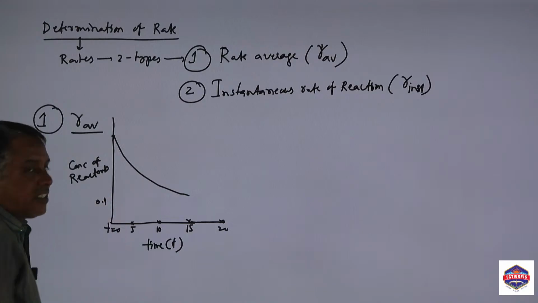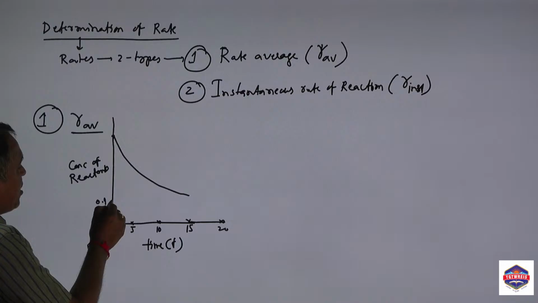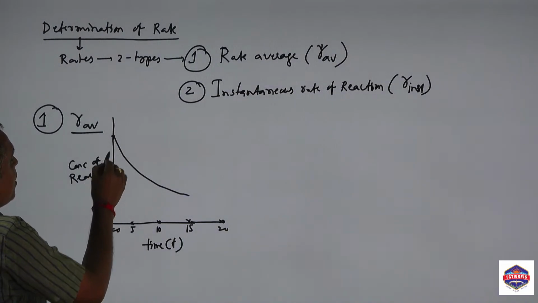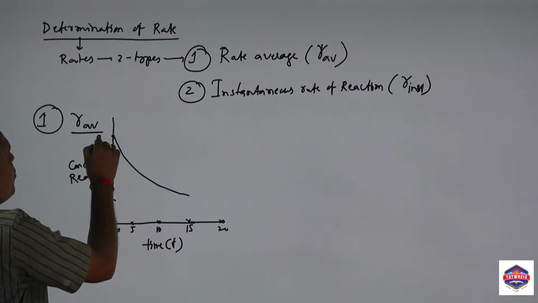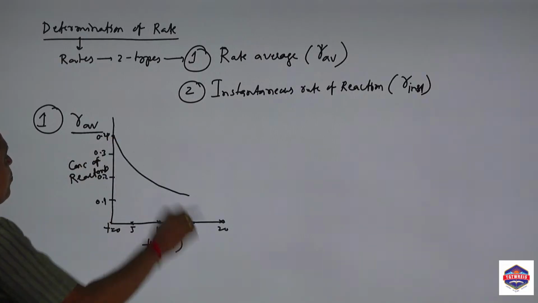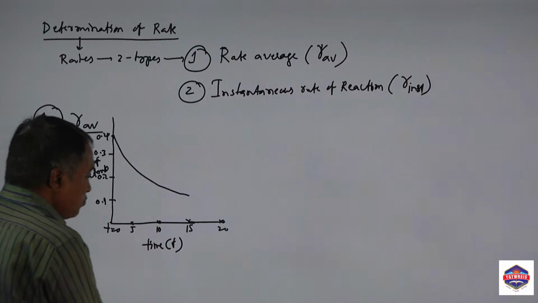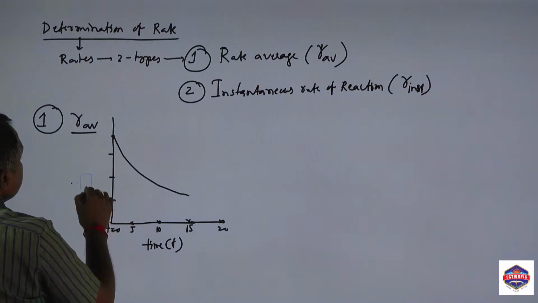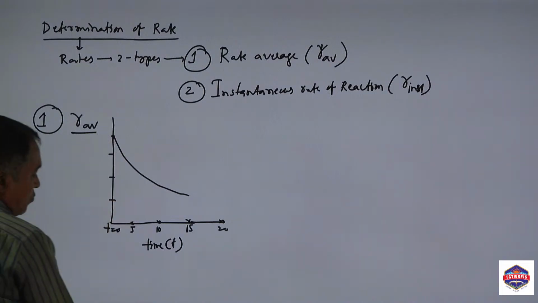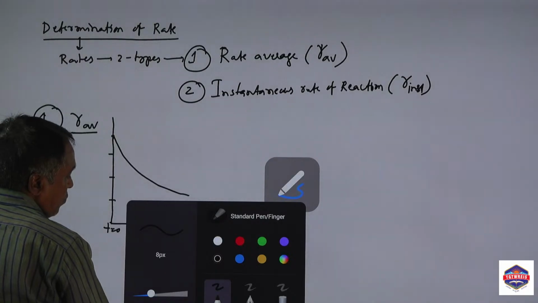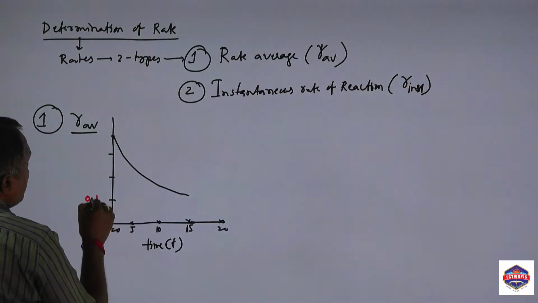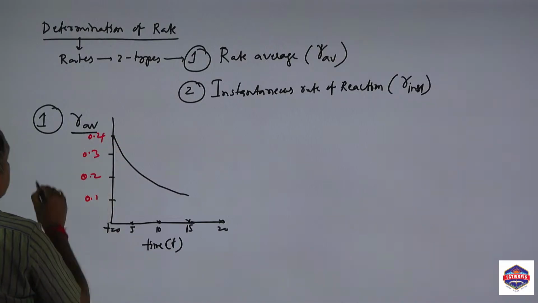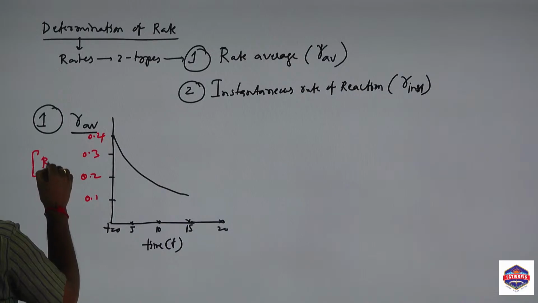Say this is 0.1, this is 0.2, this is 0.3, and this is 0.4 moles per liter.